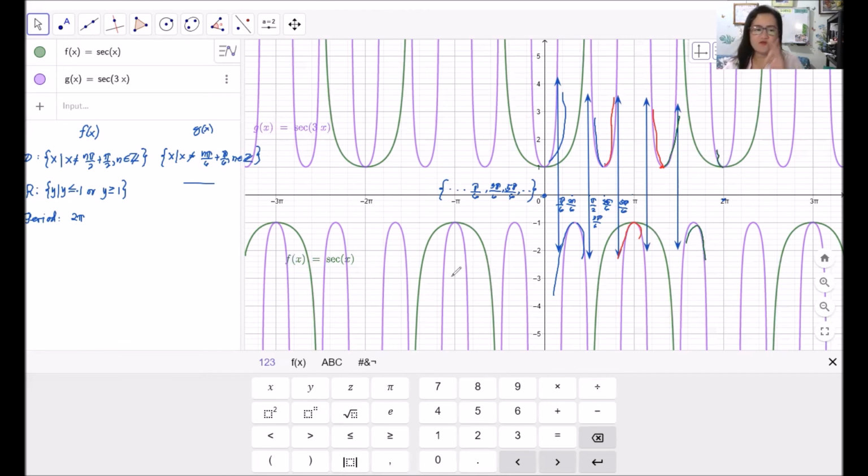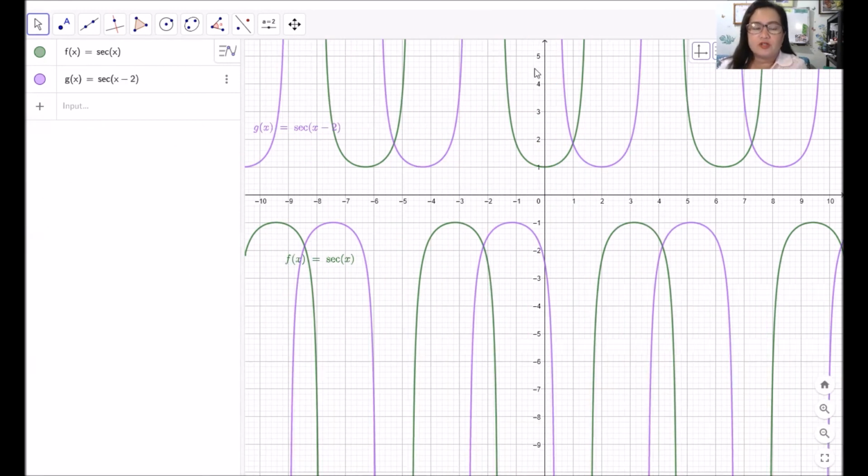So we have 3. Therefore, the period would be 2 pi over 3. Okay, so 2 pi over 3, as you can see, this falls on 4 pi over 6. When we reduce to lowest terms, we get 2/3 pi.